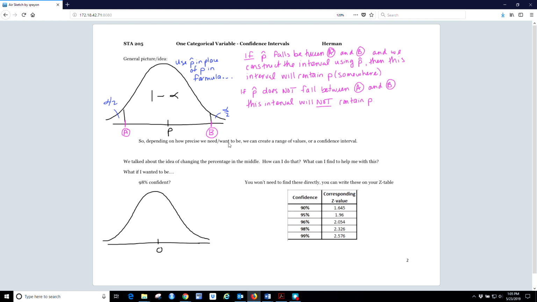I'm going to take however confident I want to be, and that's what's going to go in the middle. So I'm going to have that 98% or 0.98 in the middle. If I have 98% in the middle, I have 2% left over in two different spots to split it up between. So I'm going to put 1% or 0.01 on either side.